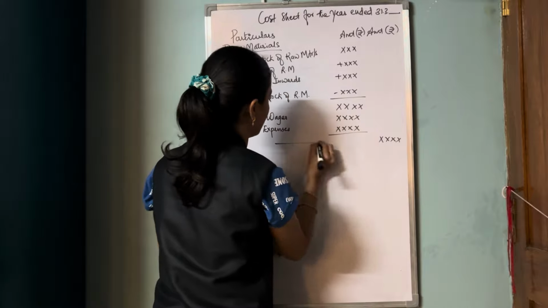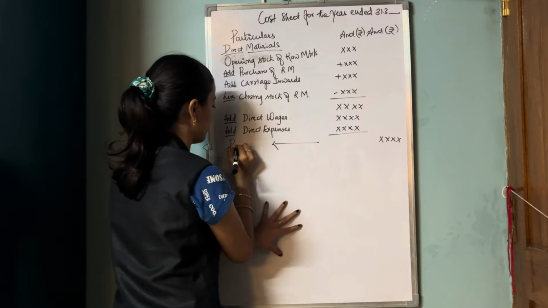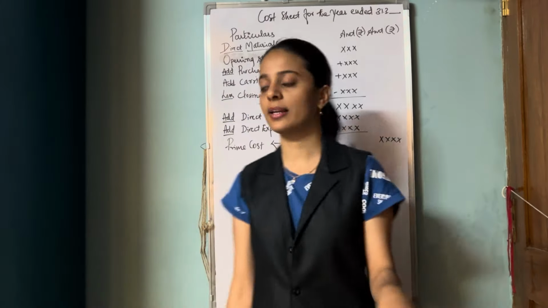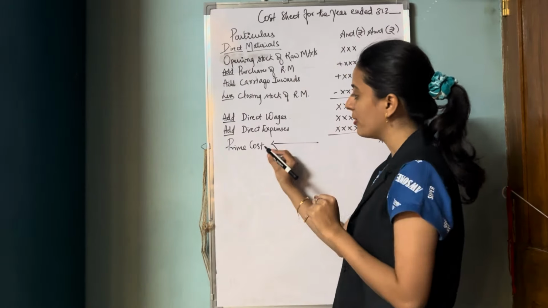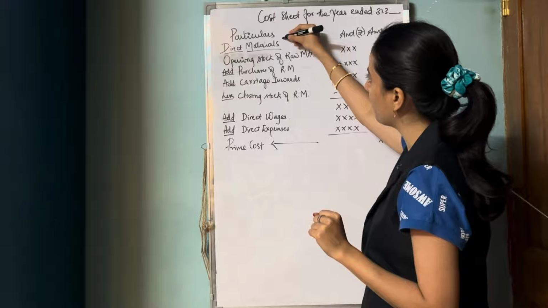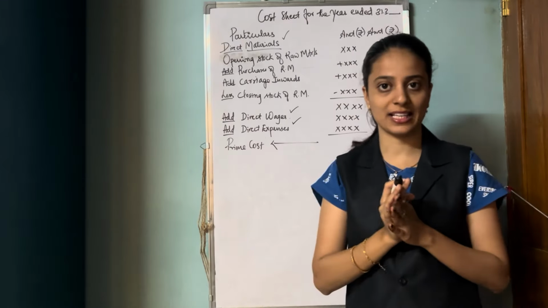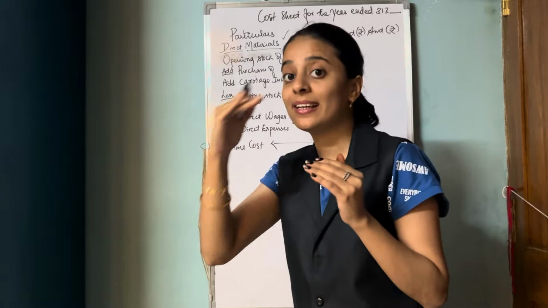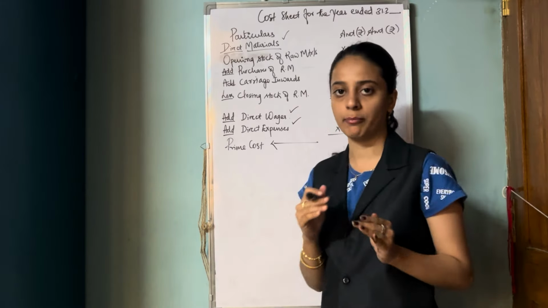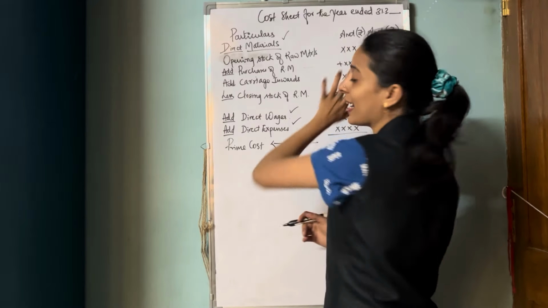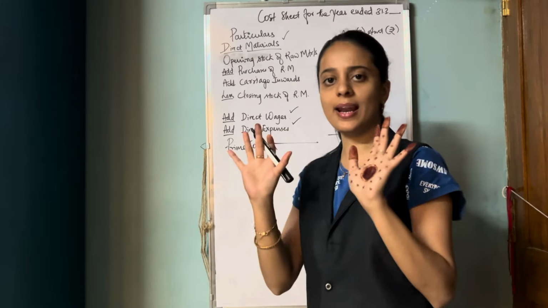It will result in prime cost. The prime cost is nothing but direct materials plus direct wages plus direct expenses. All the direct things will result in prime cost. Sometimes the direct materials amount is given to us directly, done and dusted.